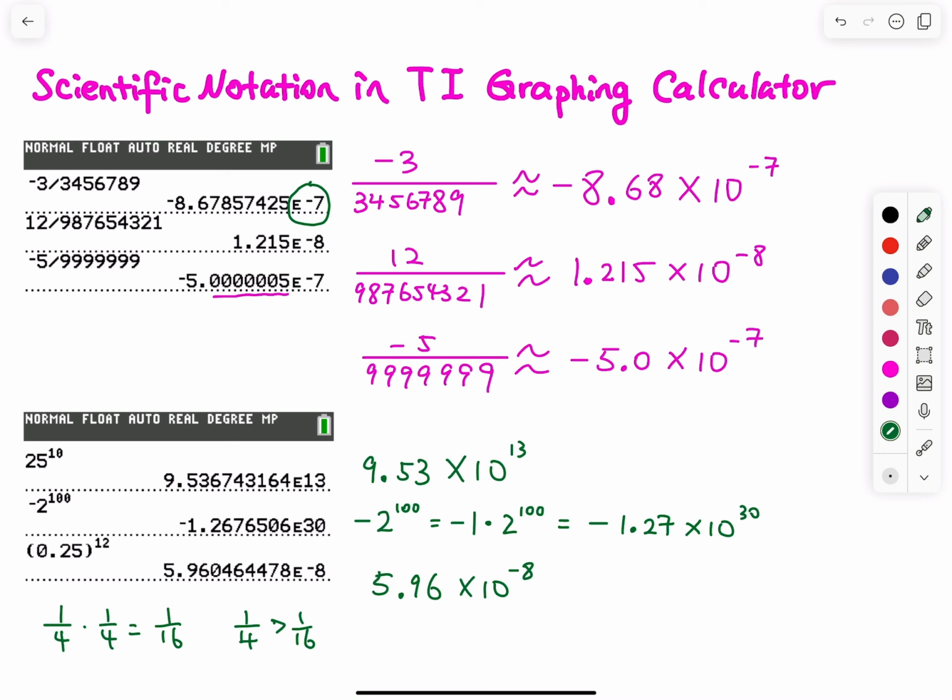When the calculator displays the answer in scientific notation, it will use a capital E. Capital E means base 10, and the number after that is an exponent.